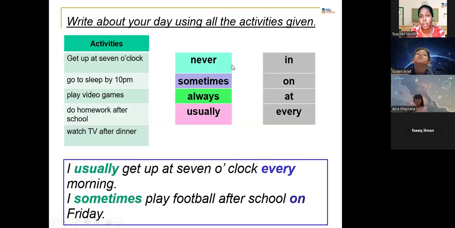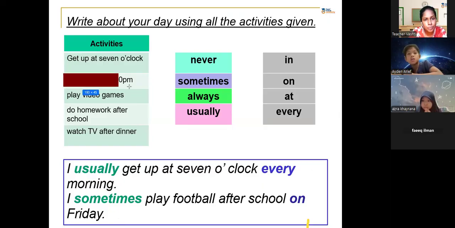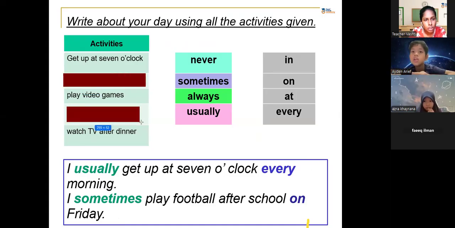Now you're going to write about your day using the activities given. I'm going to give you only 3. Okay, so we're going to use these 3 activities and you're going to write sentences for me in the chat box, or you can also write it in your exercise book.